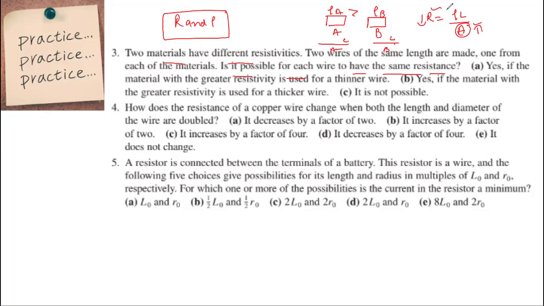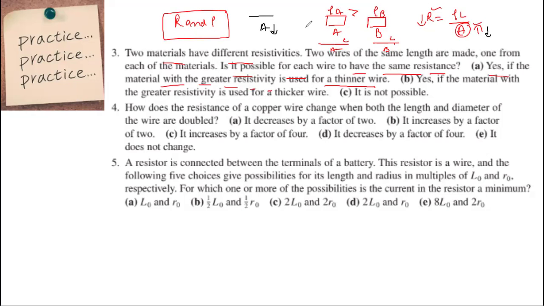So let's see what the options available to us are. Yes, if the material with the greater resistivity is used for thinner wire. Let me explain this option a little bit. So if you have a thinner wire, the wire is thin, so the area will be less.